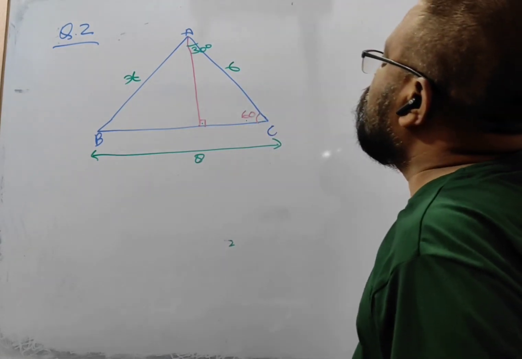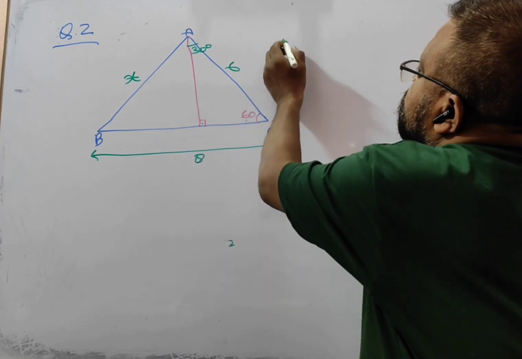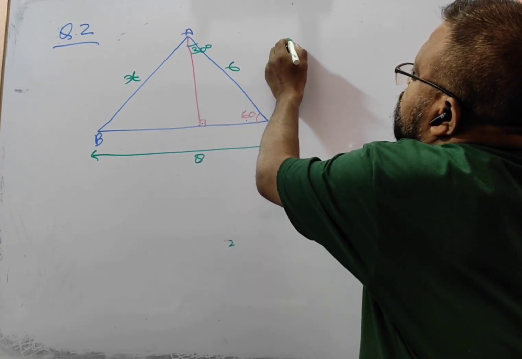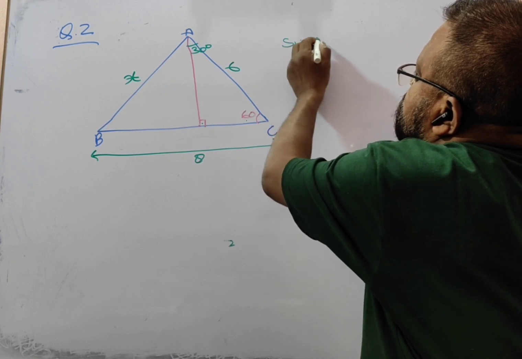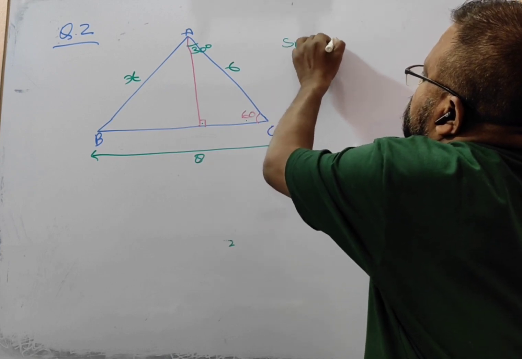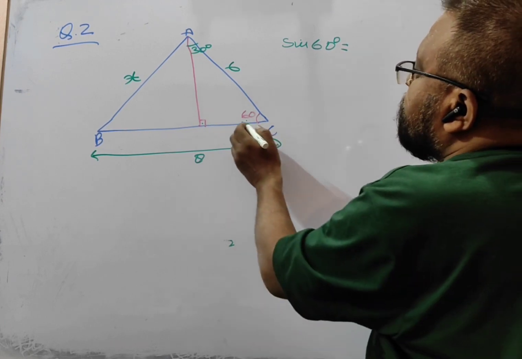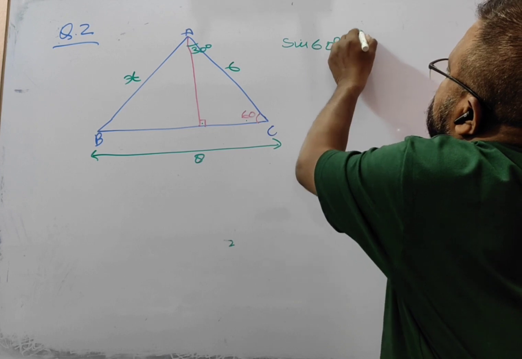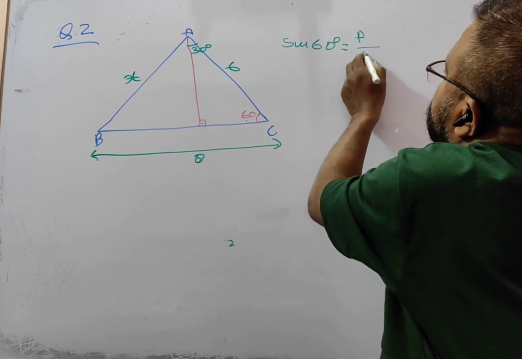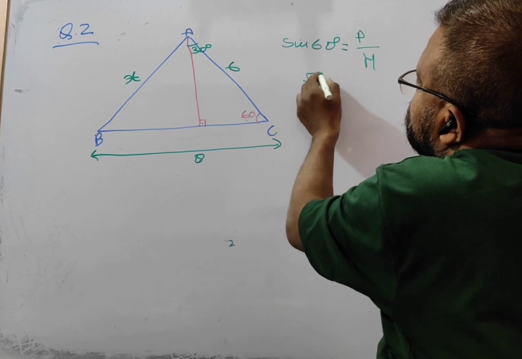So if I take sine 60 degrees, then it is perpendicular upon hypotenuse. Sine 60 is equal to root 3 by 2.